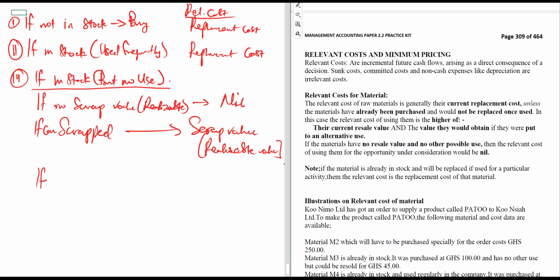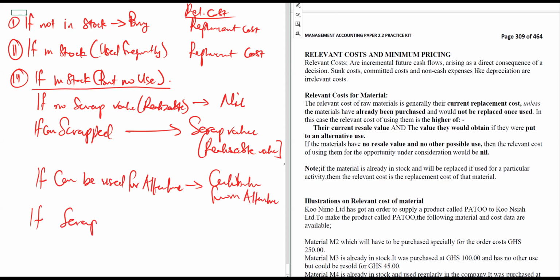If in stock, but can be used for alternative products, the relevant cost becomes the contribution from the alternative. But if it can be scrapped and also used for an alternative, then what's the relevant cost?